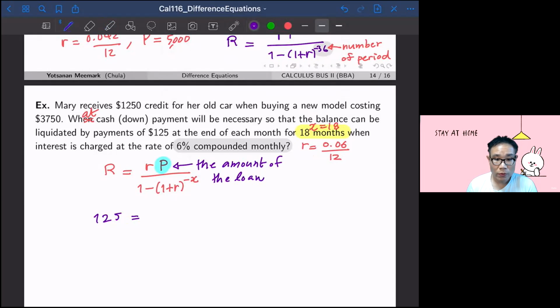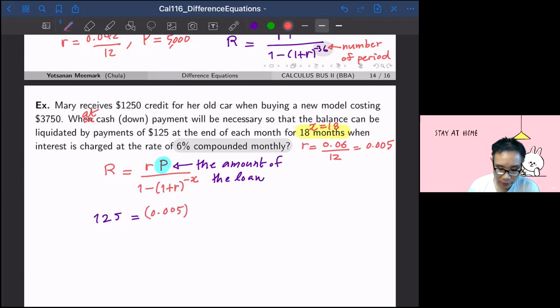So it's going to be 0.06 over 12. This one, you have your R equal to 0.005, right? So it's a three-digit decimal that way. And you're just going to plug in 0.005.